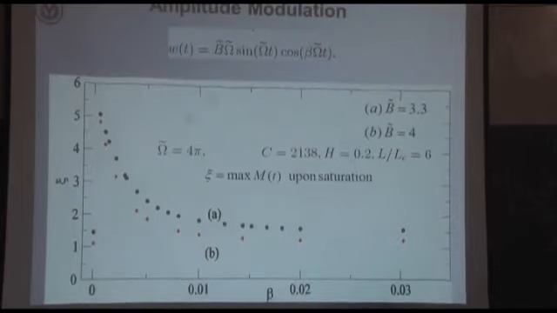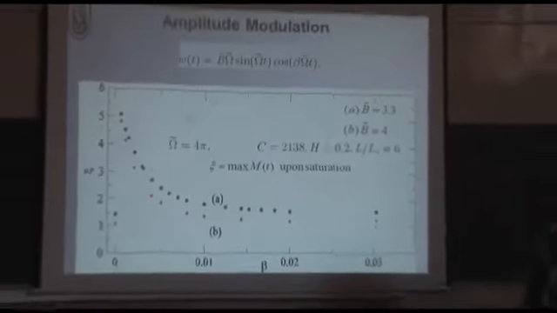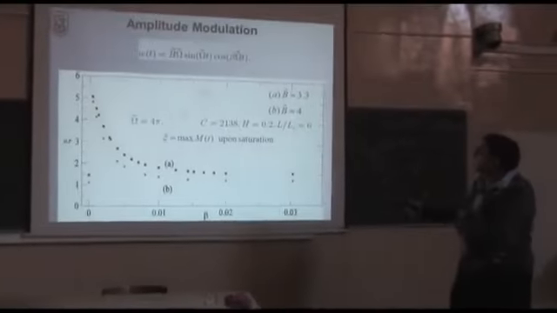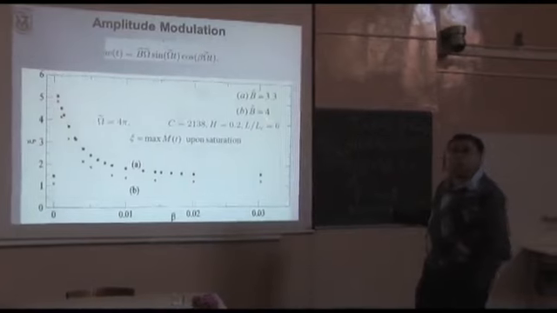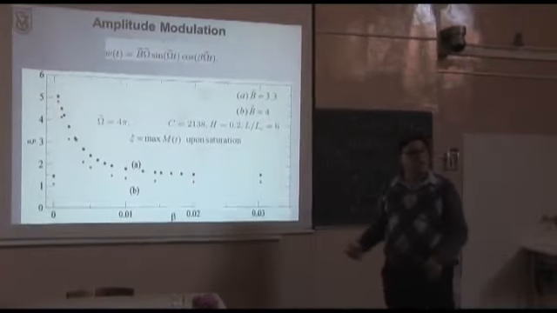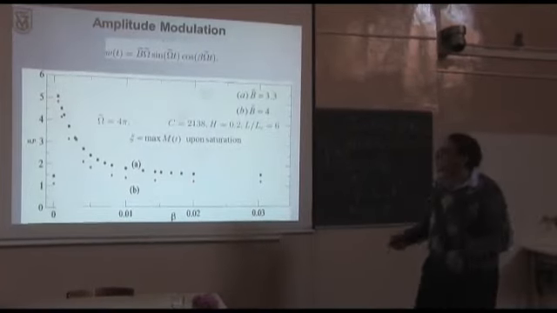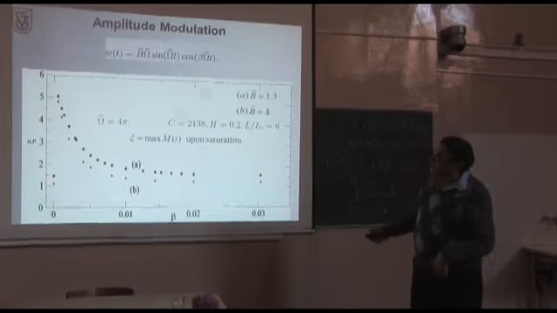Omega is 4 pi. If you remember, 6.4 was for 2 pi, so for 4 pi it should be twice smaller, so it should be 3.2. So I take 3.3 and 4. Both of them are above the saturation level. So for beta equals 0, I have these two distinct values of xi.